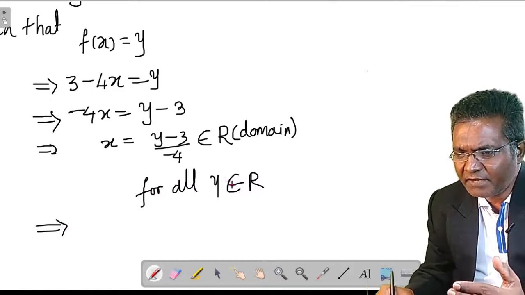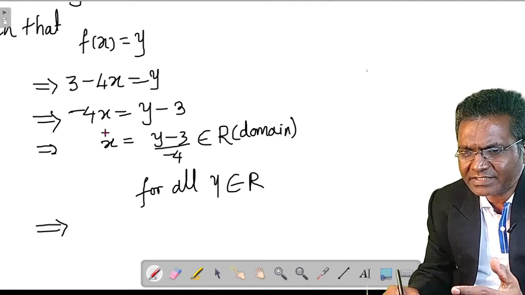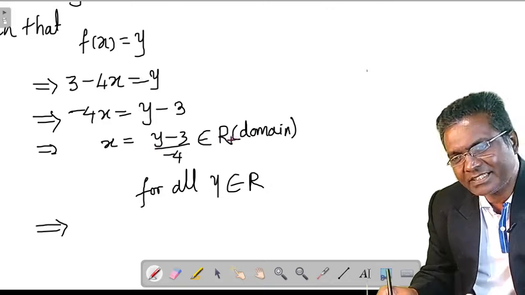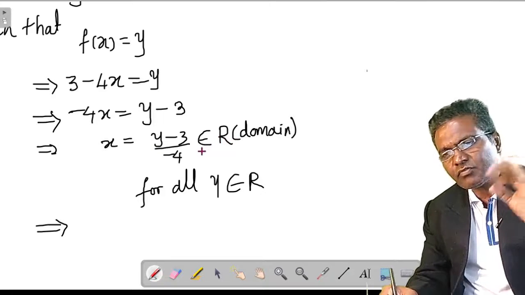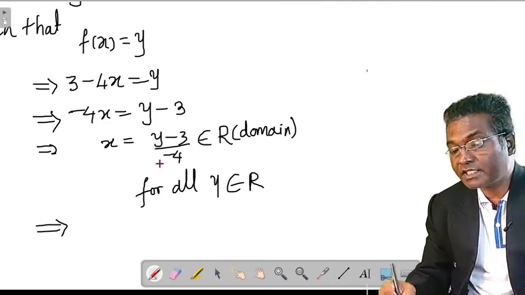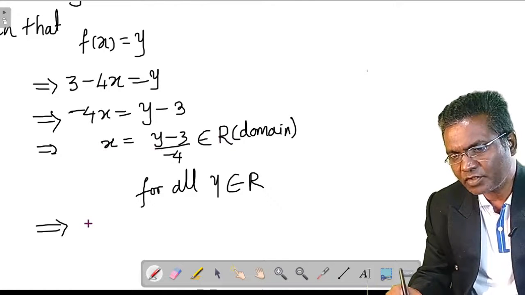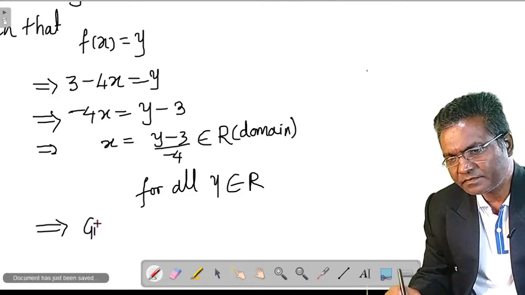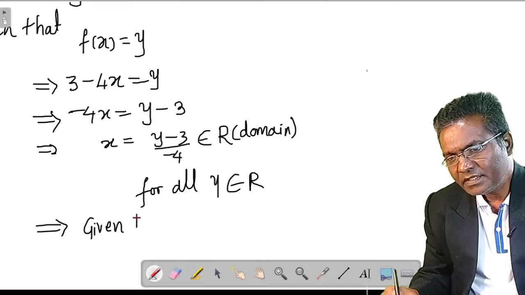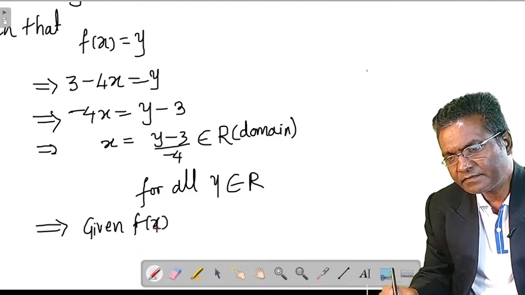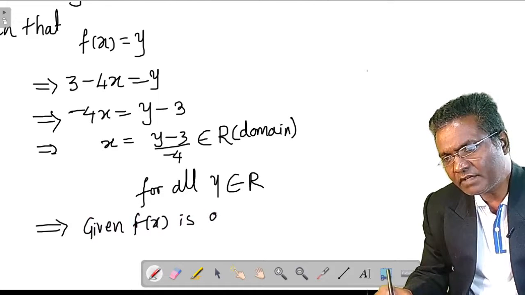What does it imply? For every y belongs to R, there exists some x belongs to R. That is the meaning. In this way, you have to prove whether the given function is onto or not. So this implies the given f of x is onto.